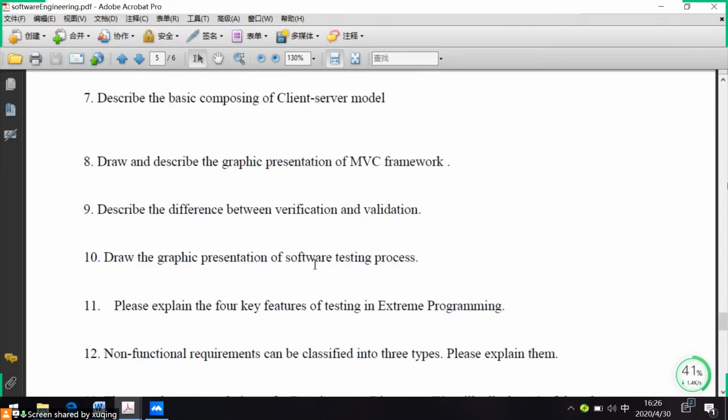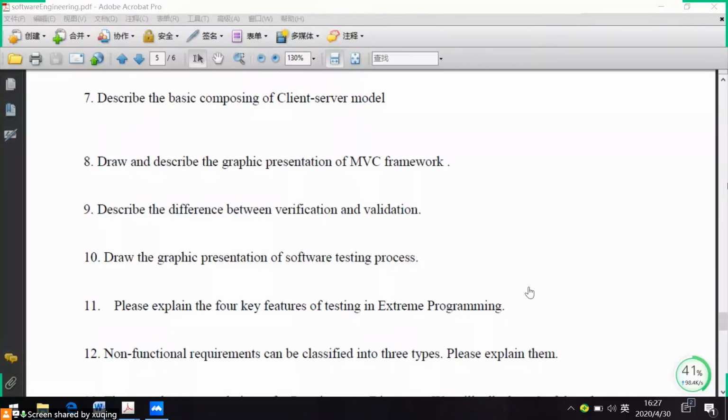Can you just say what is represented by MVC? M, what is it? V, what is it? And C, what is it? Model view controller. Thank you. Yeah, thank you very much, Saddam. Exactly.